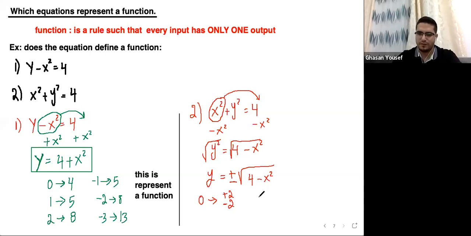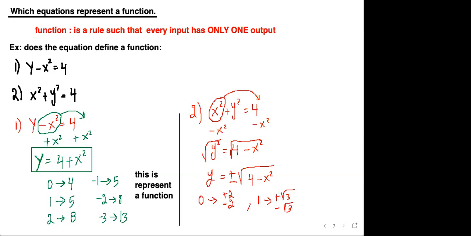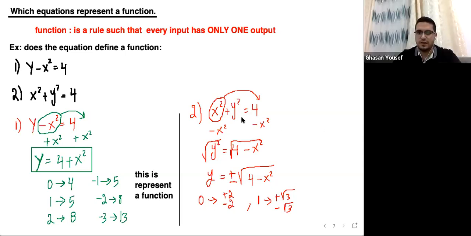For example, if I plug in the 1, they will give me positive square root of 3 and negative square root of 3. And this means every input gives me 2 outputs, and this is not representing a function.